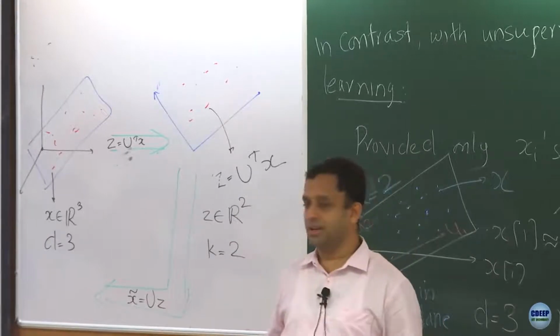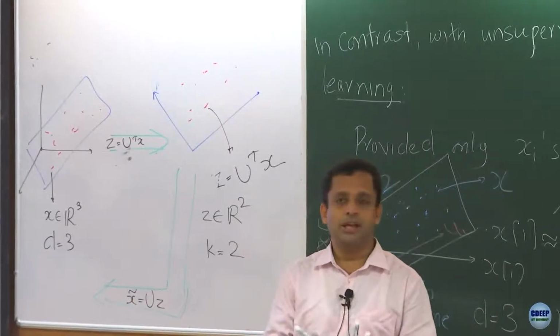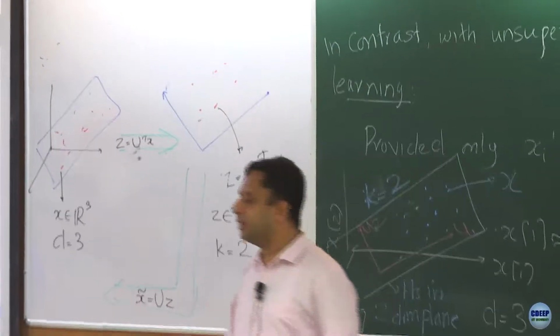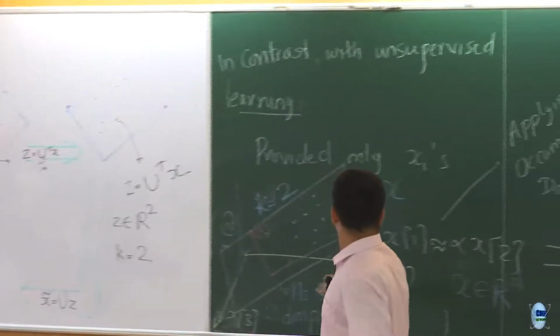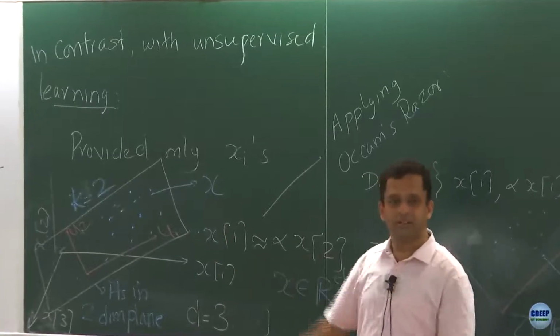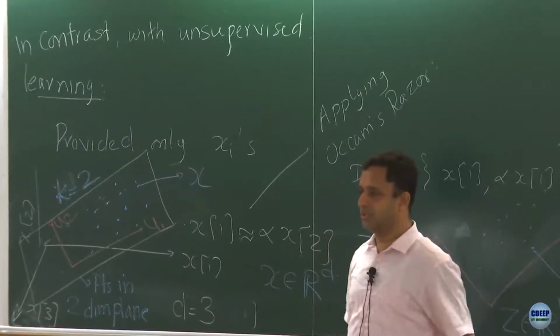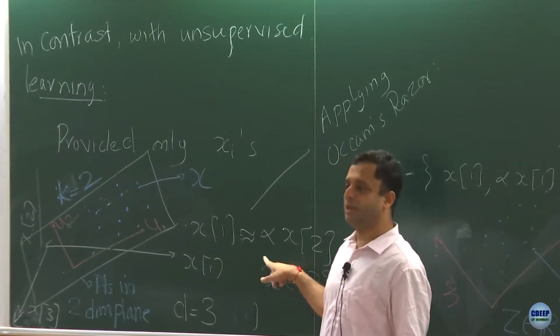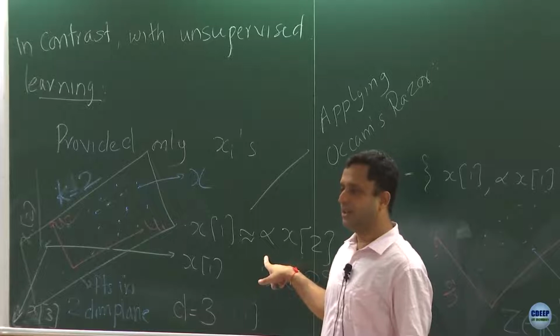Because features are not perfectly correlated. If features were perfectly correlated, if you had this relation that x1 is alpha x2, then I think you probably have no loss, right? But is this exactly true? It's approximate, right?